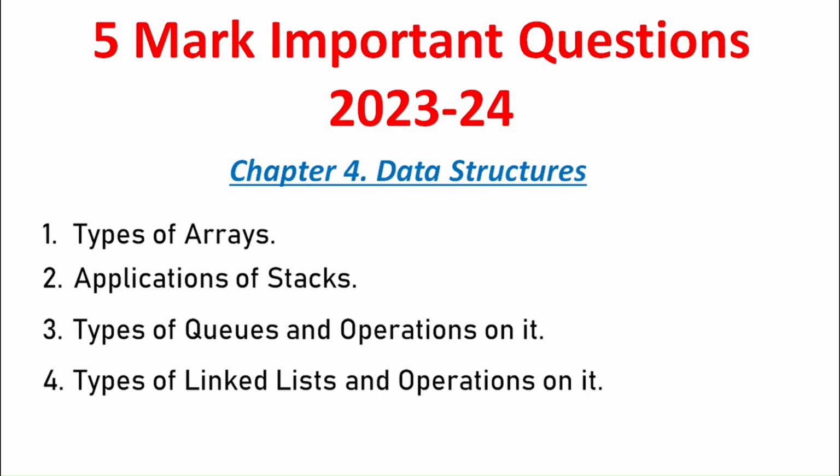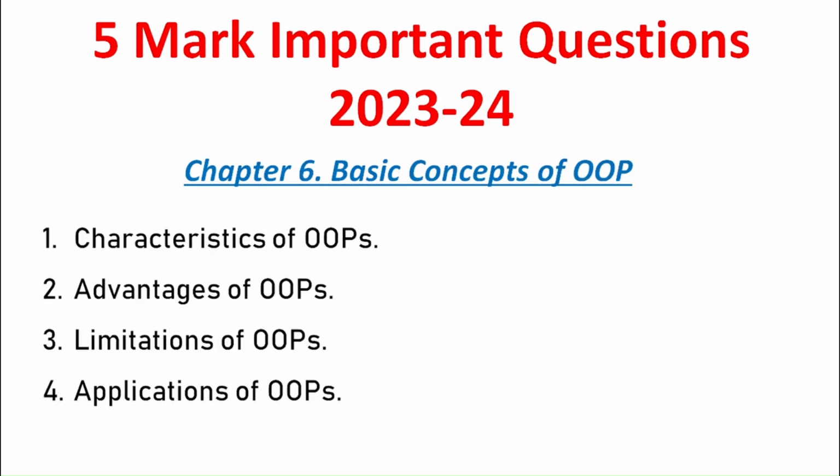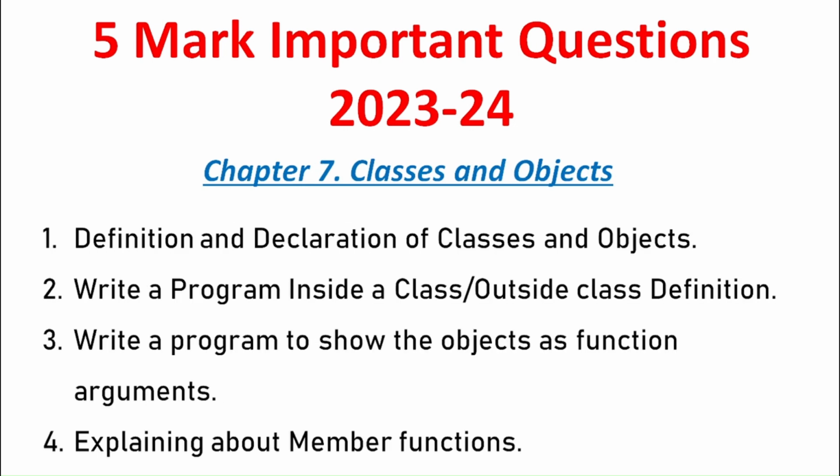Now in the sixth chapter, basic concepts of OOPs, you must study the characteristics of OOPs, advantages of OOPs, limitations, and some applications of OOPs. In chapter 7, classes and objects, the first important question is definition and declaration of classes and objects, both inside and outside the class.